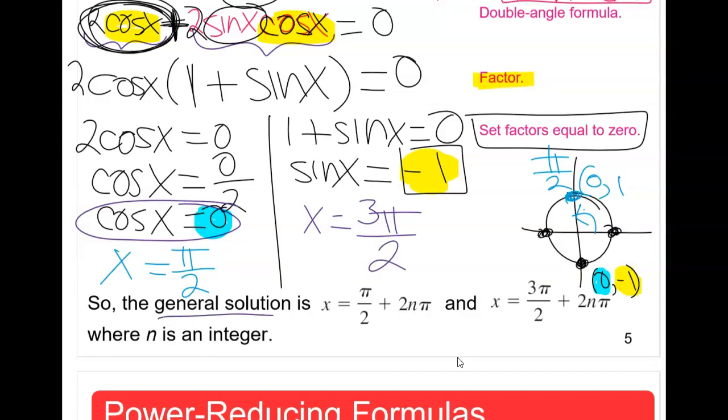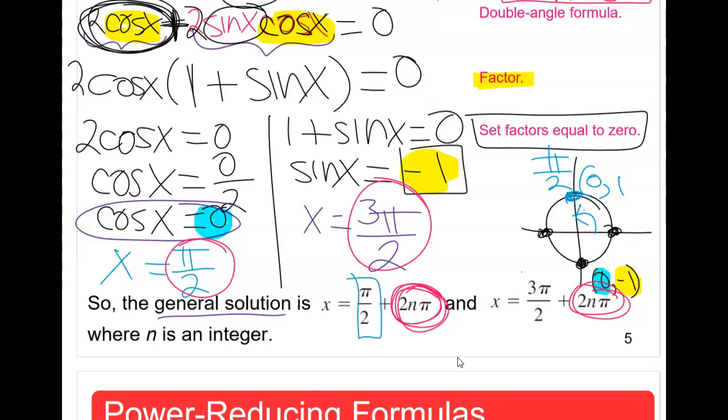To give the general solution, remember that we have to include the solution found and then plus 2n pi, because that is the period of sine and cosine. So we have those two values that we found, pi over 2, 3 pi over 2, and then we add the plus 2n pi, and you already know n represents an integer.